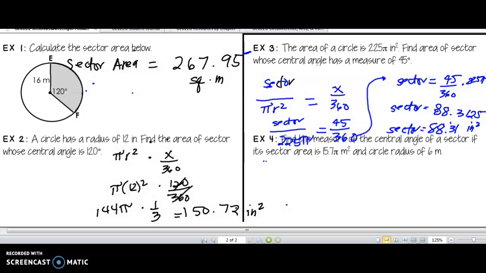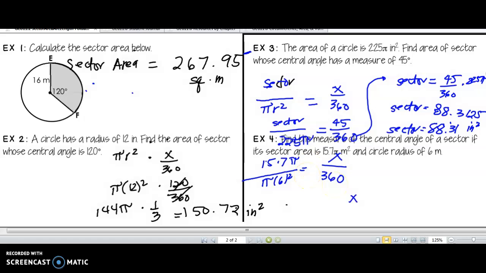Following the formula, the sector area is 15.7 pi over the area of the circle, which is pi 6 squared, equals the measure of the central angle, which we don't know, over 360. To find x, we multiply 360 to the other side.